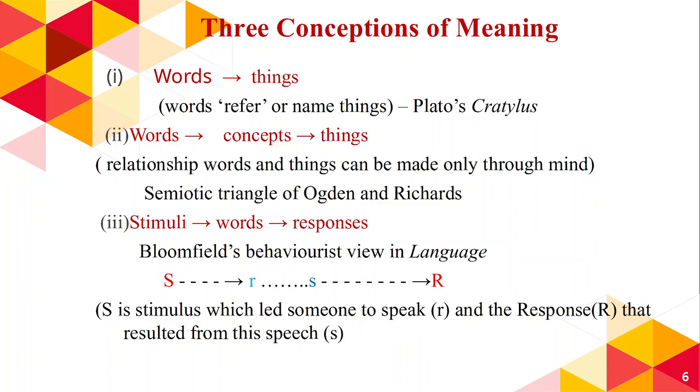He tries to explain the whole phenomena with a very simple and cute example of Jack and Jill. He says that Jill is hungry. So she sees an apple, and this apple acts as stimulus, the capital S.